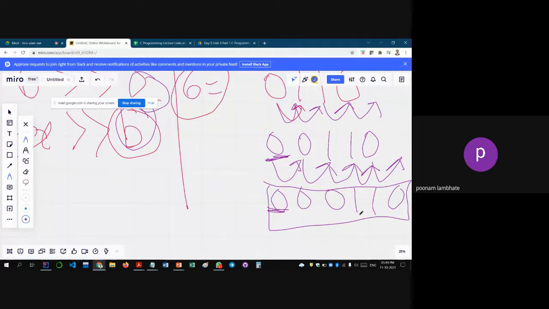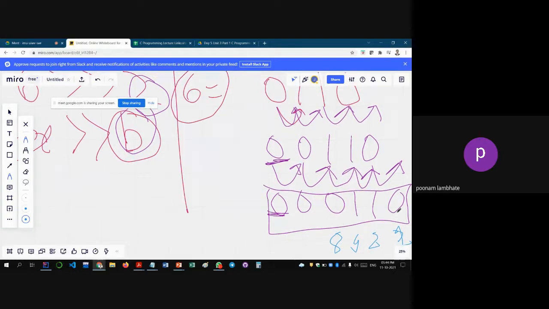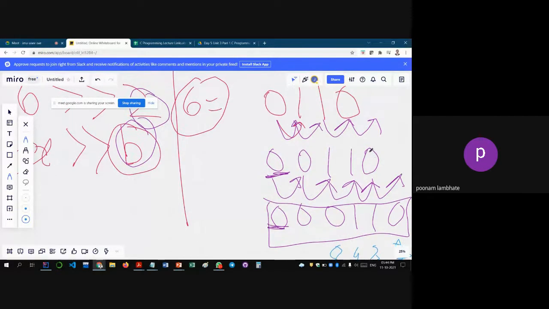That means if you apply your 8421 code, this is 1, 2, 4, 8. So this is 4 and 2, 6. And this is 1. But you always remember that when you're shifting towards the right, you will not consider it if it is going outside the frame.